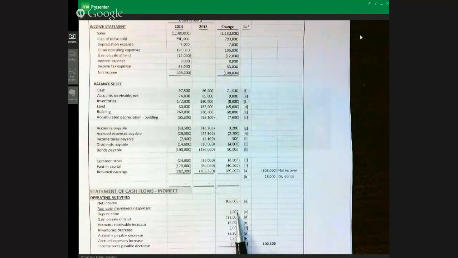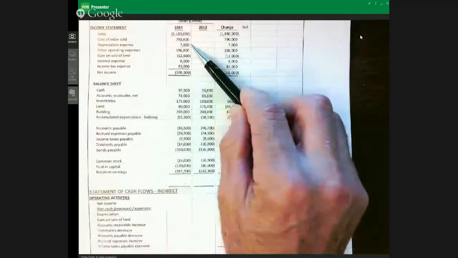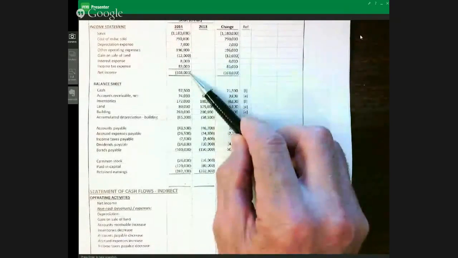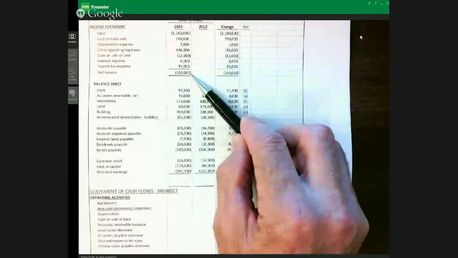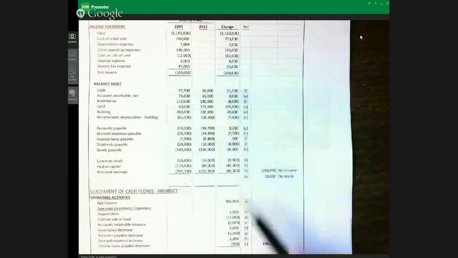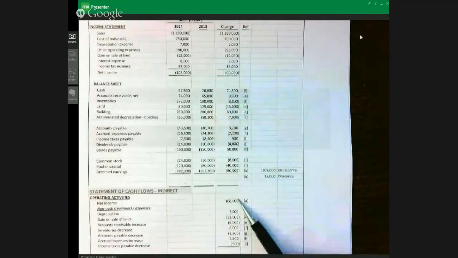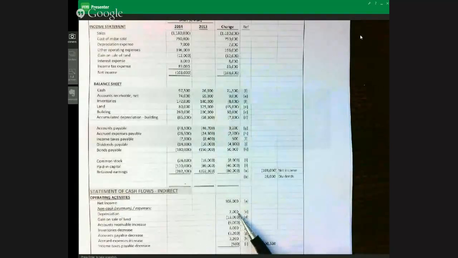Okay, got it? Depreciation is a non-cash expense that's in the income statement. It reduces net income, but does not reduce cash. So what we do is to adjust net income upward for any non-cash expenses.